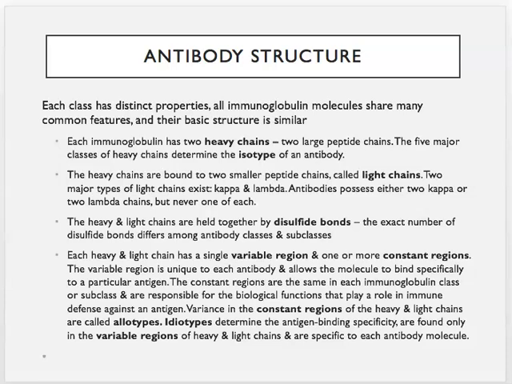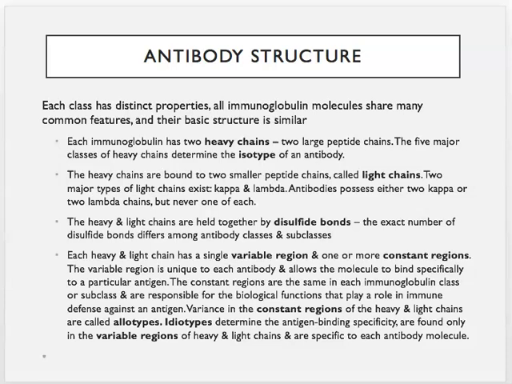The variable region is going to be unique to each different antibody type, and it's going to allow the molecule to bind specifically to that particular antigen. The constant regions are the same in each of the immunoglobulin classes or subclasses, and they're responsible for different biological functions that play a role in immune defense against an antigen.